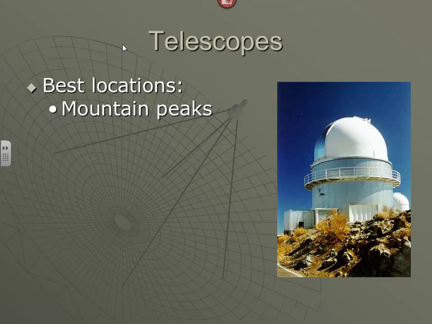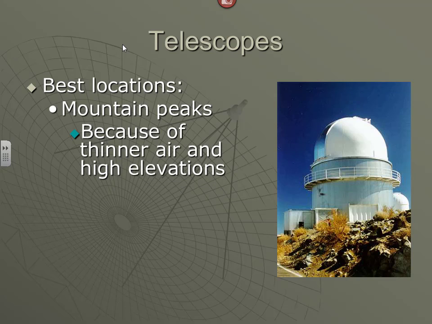That also reduces the amount of our atmosphere that you have to look through, which would help reduce having to look through things like pollution. The top of a mountain isn't going to have as much of that, and you'd be closer to what you wanted to see. So because of thinner air and high elevations, closer to what you want to see, less atmosphere to look through, a mountain peak might be a good place to put a telescope.